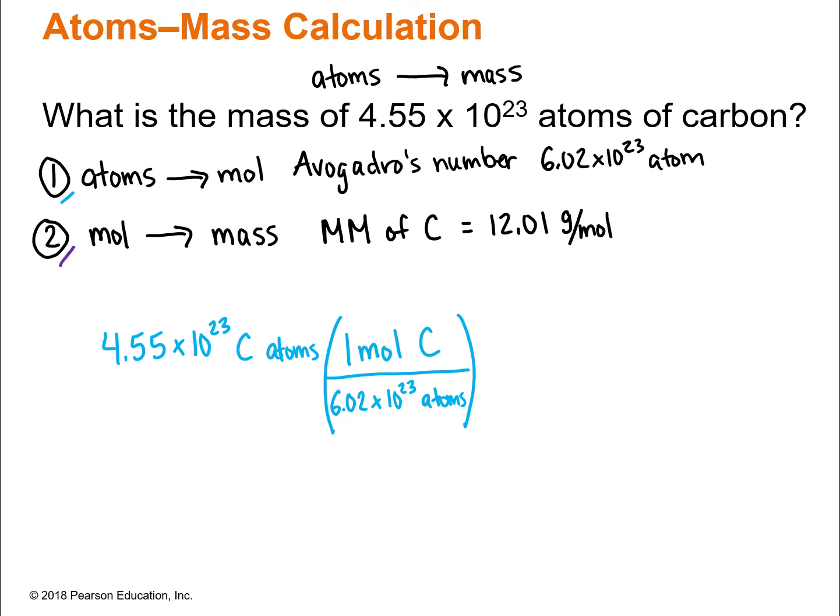For the second part, we need to write a unit factor that's going to take us from the number of moles of carbon to the number of grams of carbon. That means I'm going to put my grams in the top and moles in the bottom.